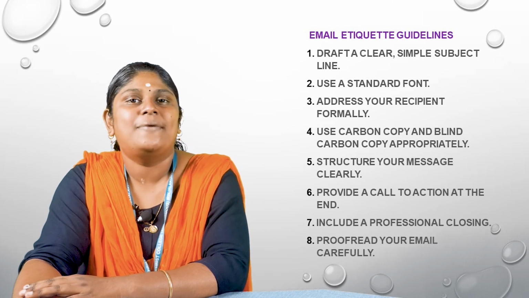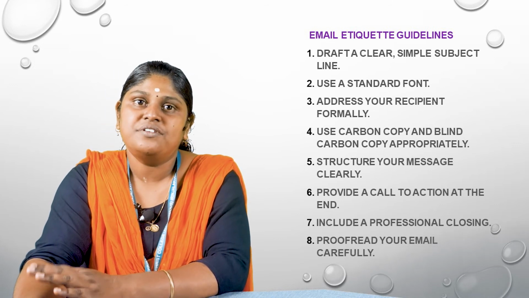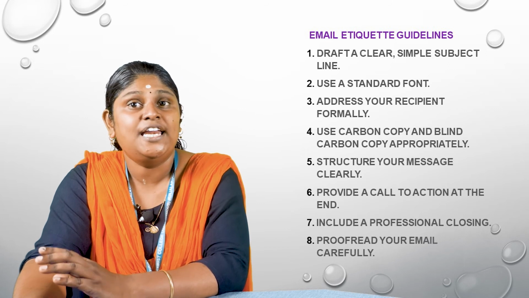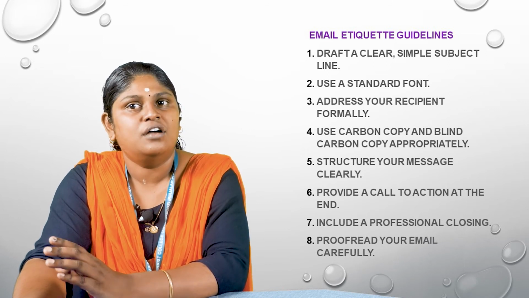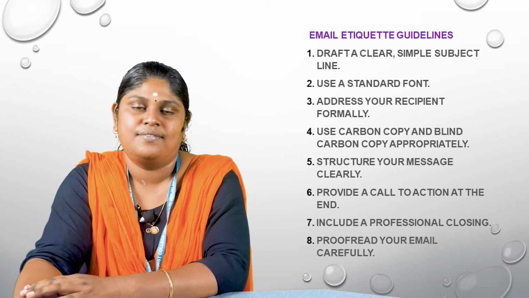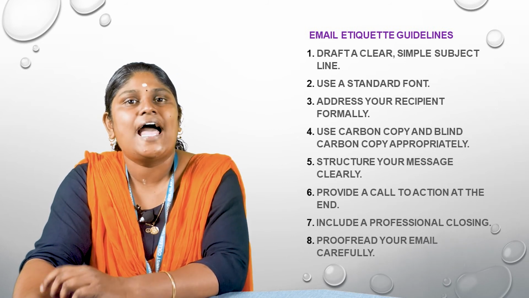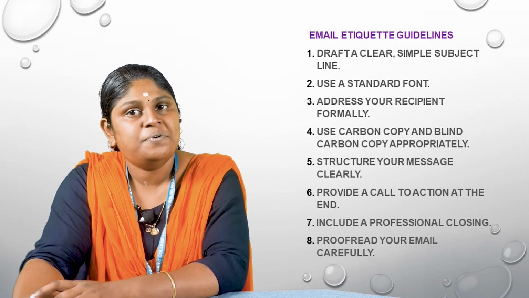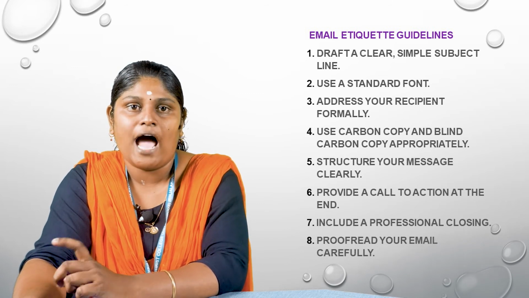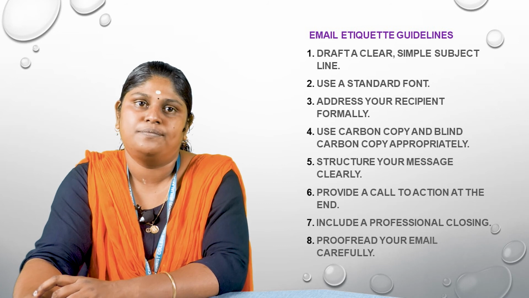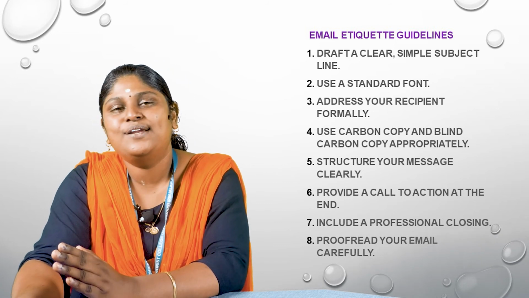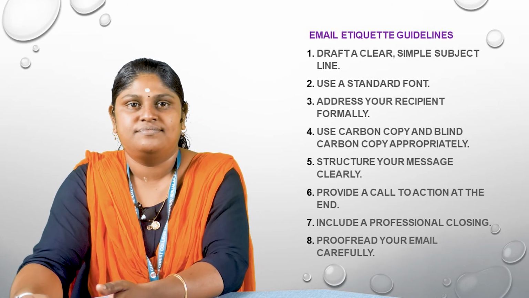Then structure your message clearly. Try to keep your email brief by including 2 or 3 short sections. If you are sending a longer message, use short paragraphs and bulleted or numbered lists to highlight or outline important information.